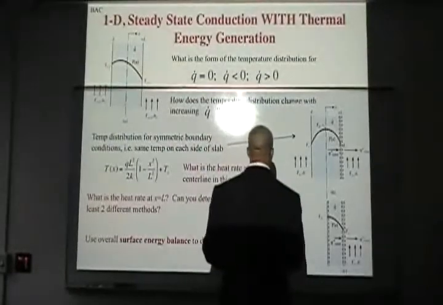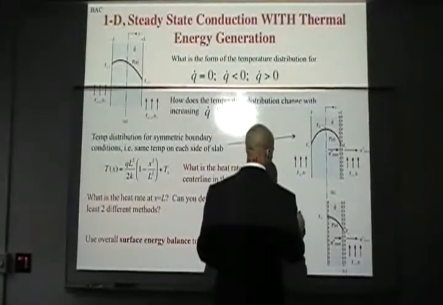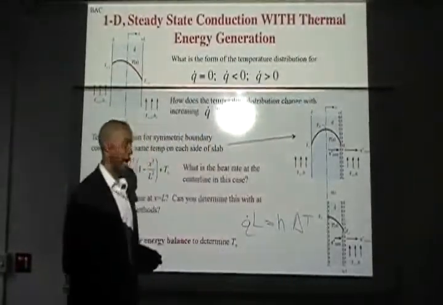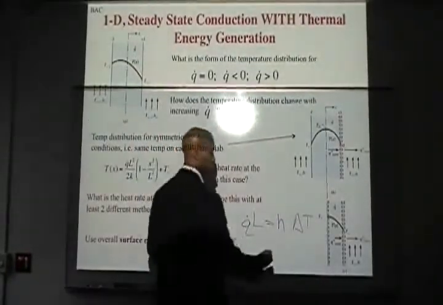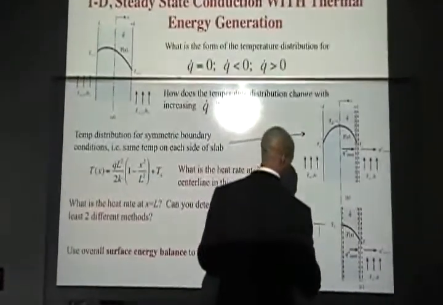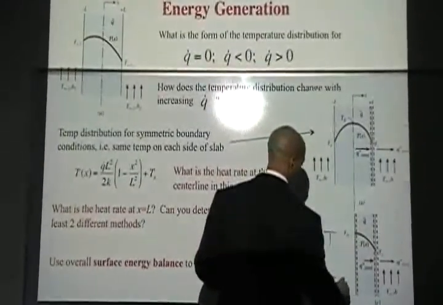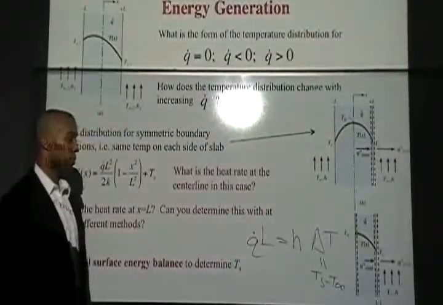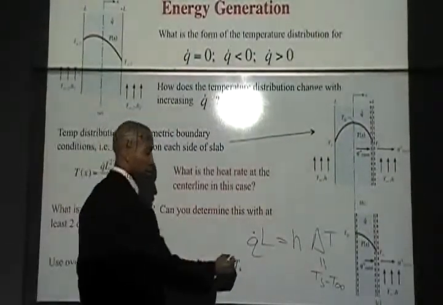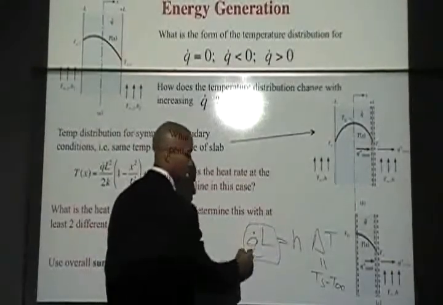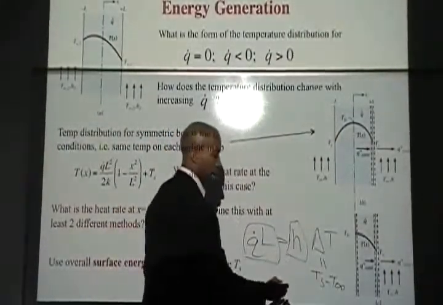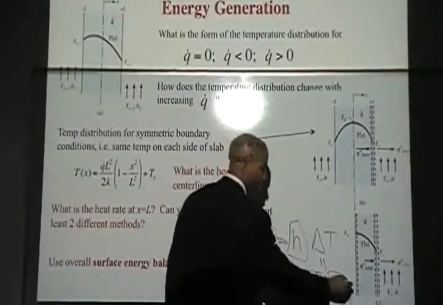So q dot L has to equal h delta T. And in this case, delta T is equal to T surface minus T infinity. So we know q dot L, we know this. In our problem, we're given h, and we're given T infinity.